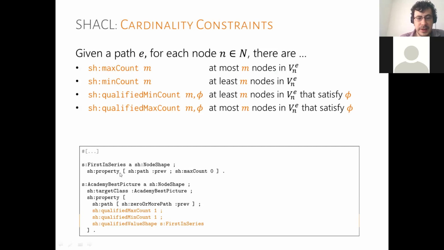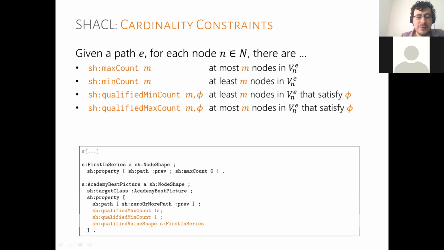So if we look here, we have a shape which says first in series. This is the one that has no previous node. So it's a max count of 0 on previous. So this is supposed to be the first thing in the series, the one that has no previous thing before it. And then we can say that an Academy Best Picture has a qualified max count and a qualified min count of 1.